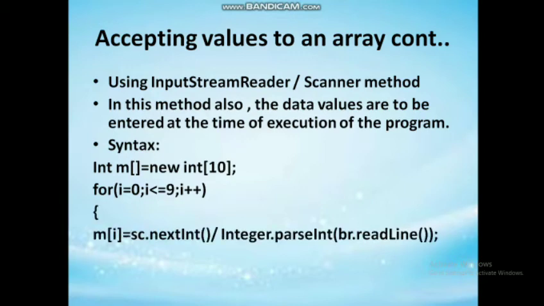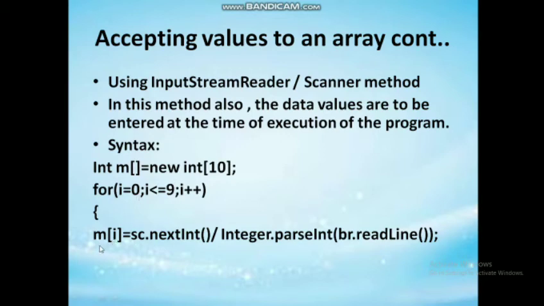And then m[i] = sc.nextInt(). So this is using the Scanner method, or if it is using the InputStreamReader method, it is m[i] = Integer.parseInt(br.readLine()). So here when the first element is received, it will be stored in m[0], because the first time the i value is 0.